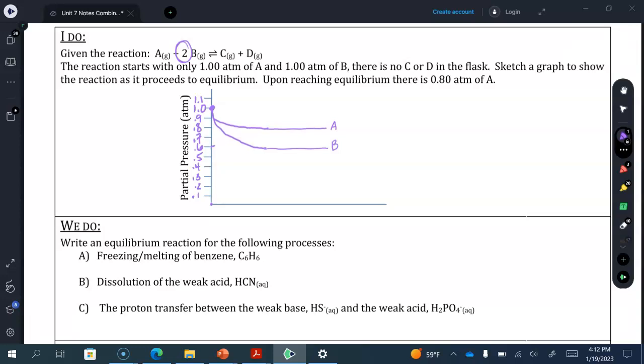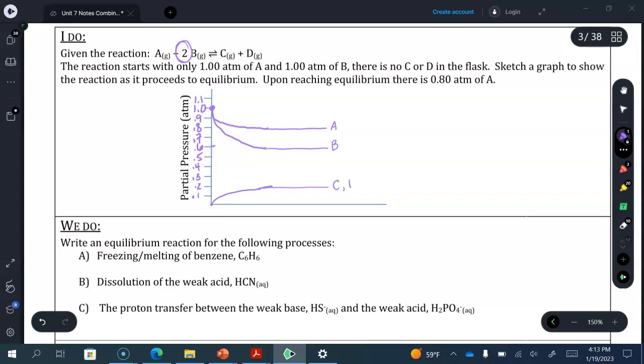So how much C and D we make should equal the amount of A we used, because they are in a 1-to-1 ratio. So I use 0.2 of A, so that means that I should eventually make 0.2 of C and D, and they all should come to equilibrium at the same time.